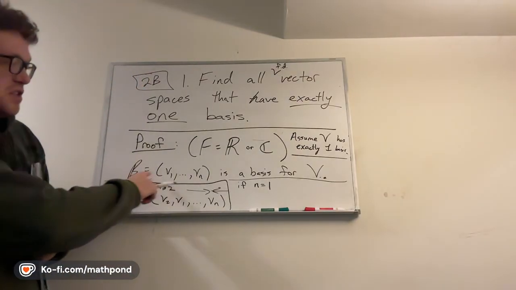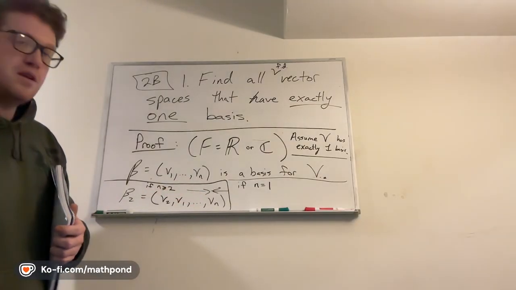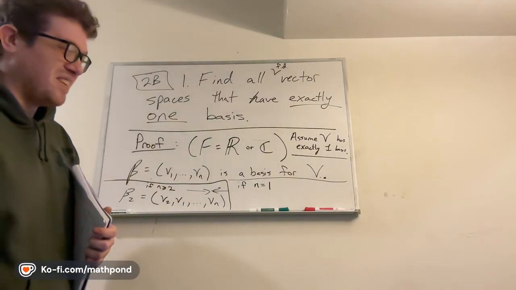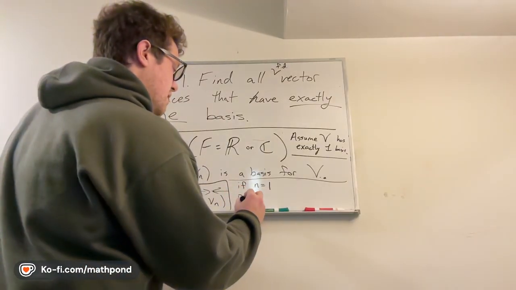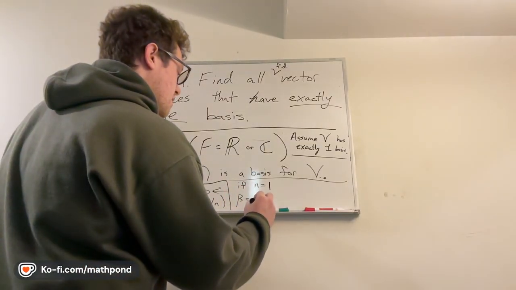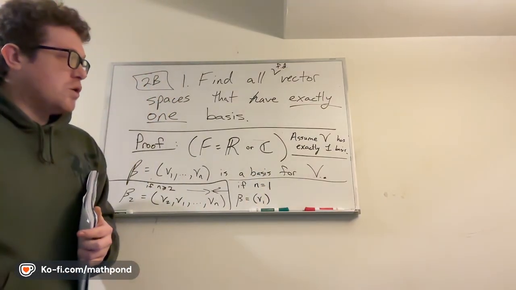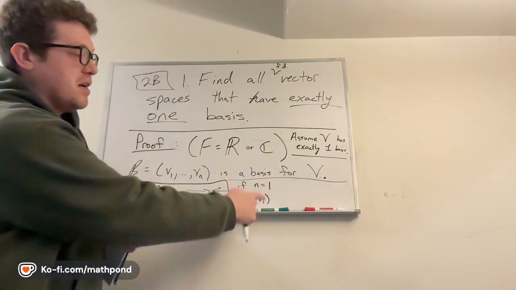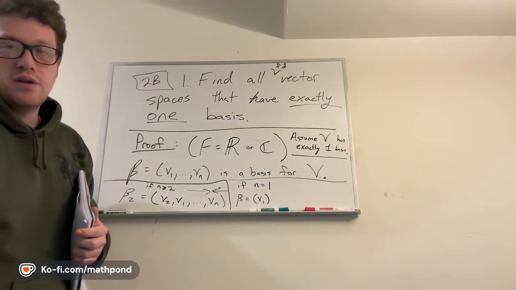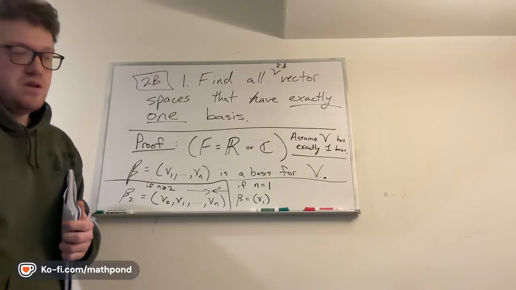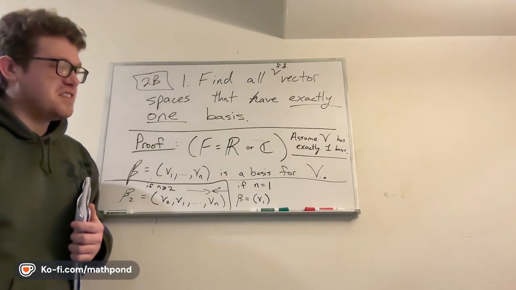Well, then our basis just has one vector, v1, or v, or we could call it anything in the world, right? So if n equals 1, then our basis is just equal to v1. And so if the field is the real or the complex numbers, what's a different basis that I can form here if n equals 1?